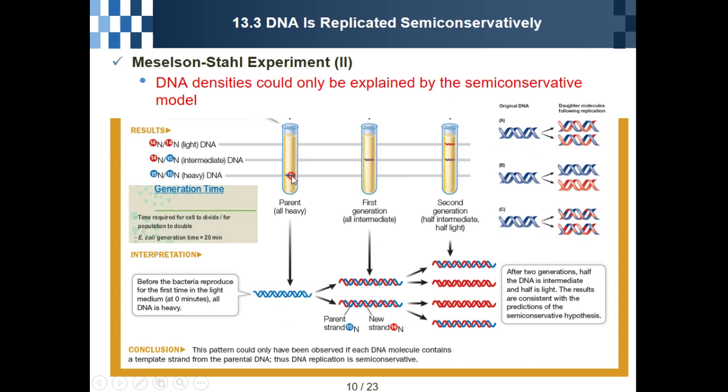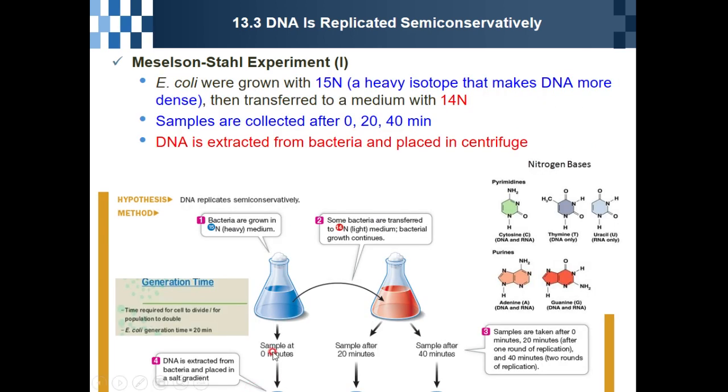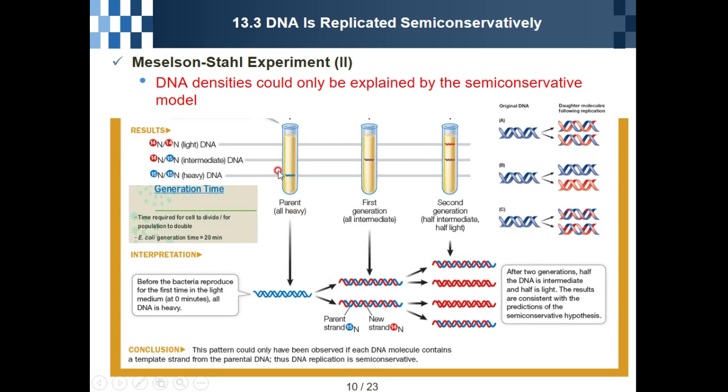For the 0 minute group, all of the DNA is nitrogen 15, and it is located like this. At 20 minutes, after one generation, they have a band like this. And 40 minutes later, we find this one.